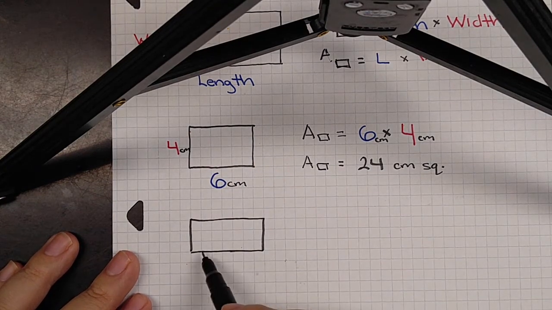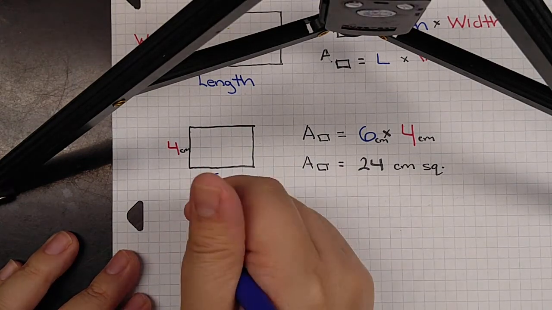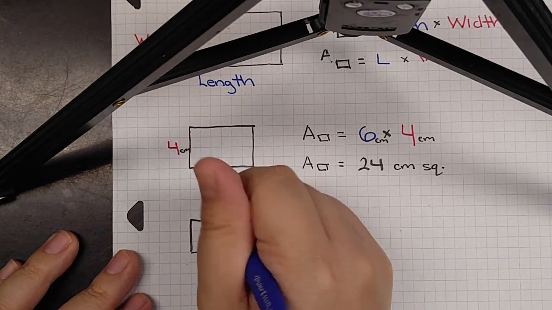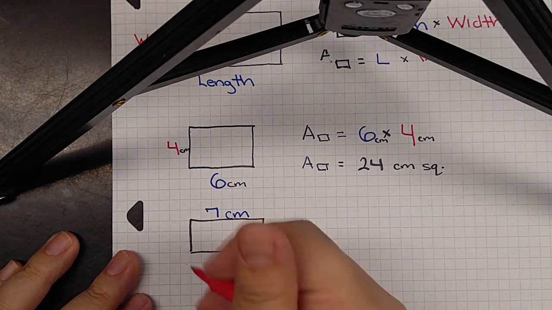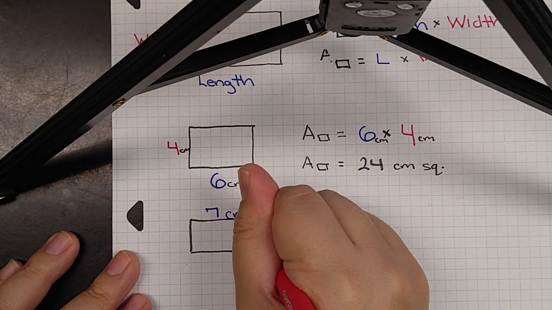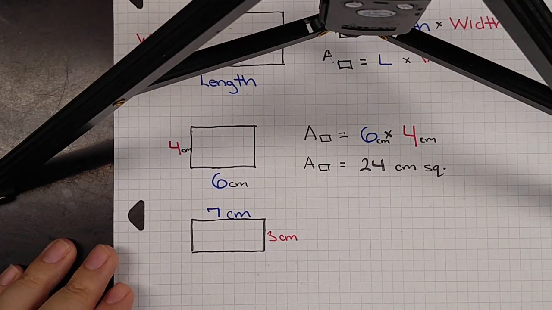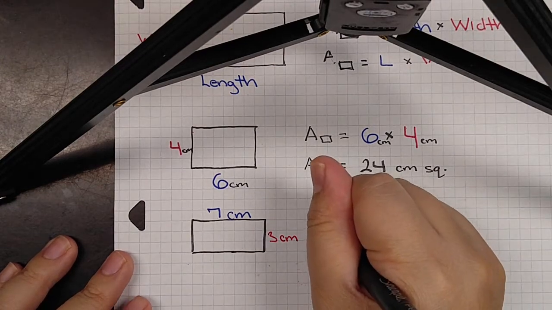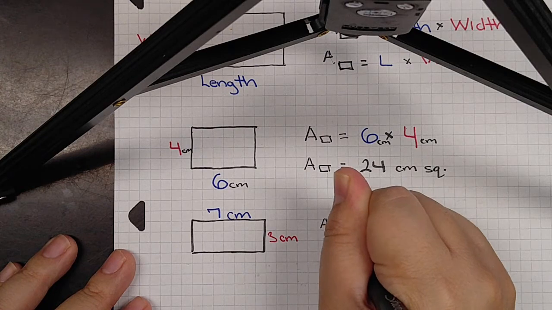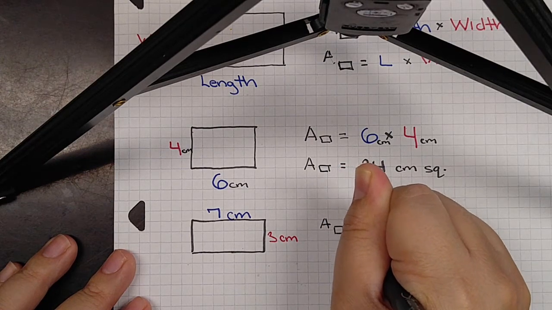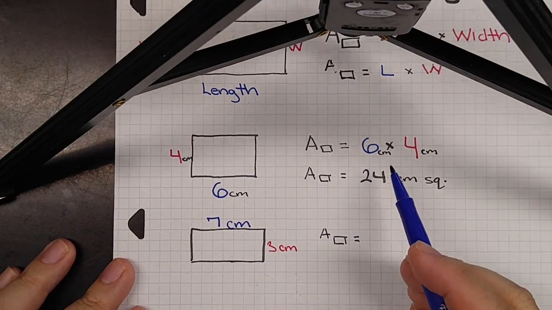So my length, this is 1, 2, 3, 4, 5, 6, 7. So let's put 7 on top. Let's put 3 on this side. Once again, my equation is going to be length times width.